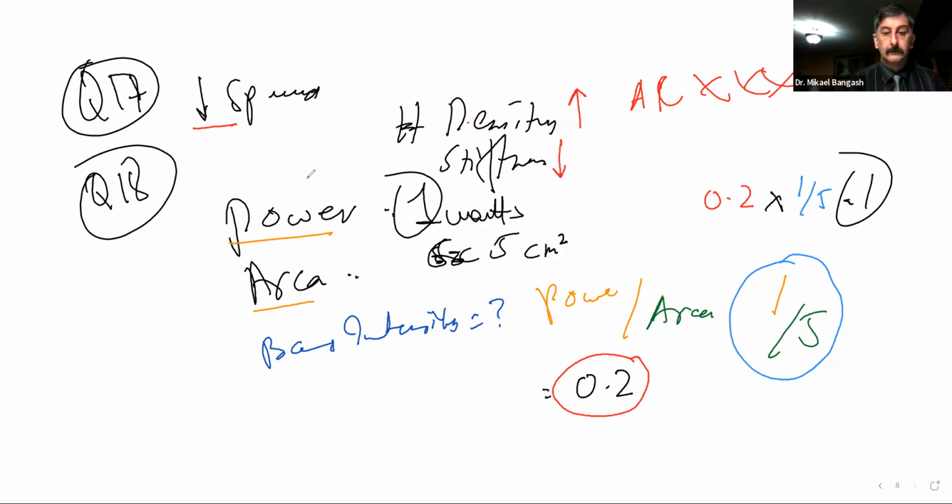Yeah. So your intensity is going to be 0.2 watts per centimeter squared.